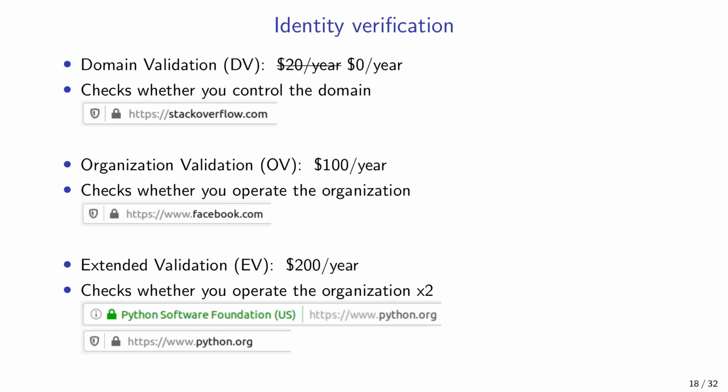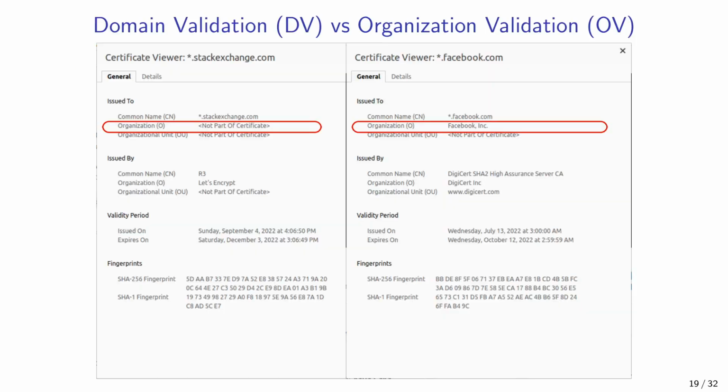So as you see, there is really no benefit in paying for organization or extended validated certificates, because for the end user, the user experience will be the same as when the user connects to a website that uses a domain validated certificate. For example, here you can see the domain validated versus the organization validated certificate. The only difference between the Stack Overflow and Facebook certificate is this organization field.